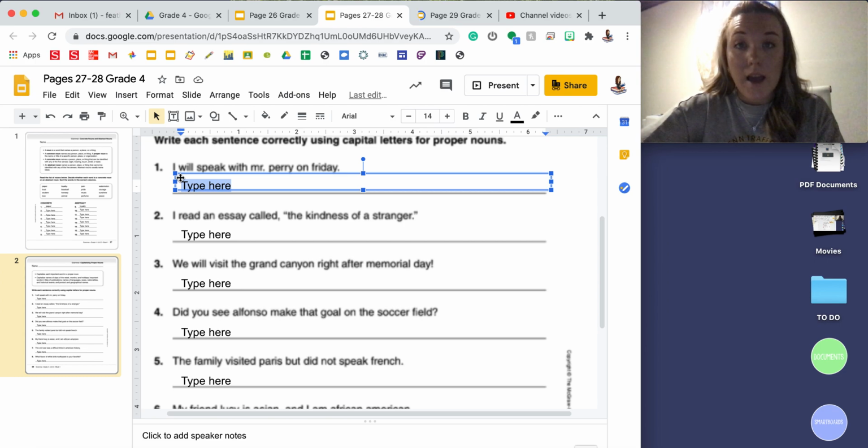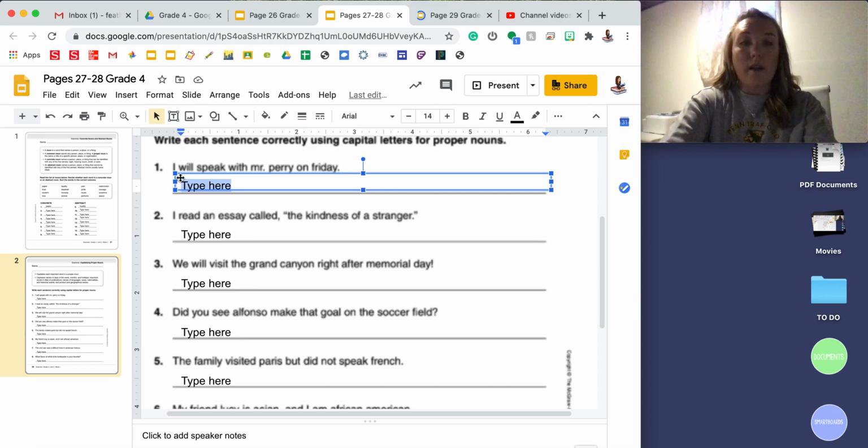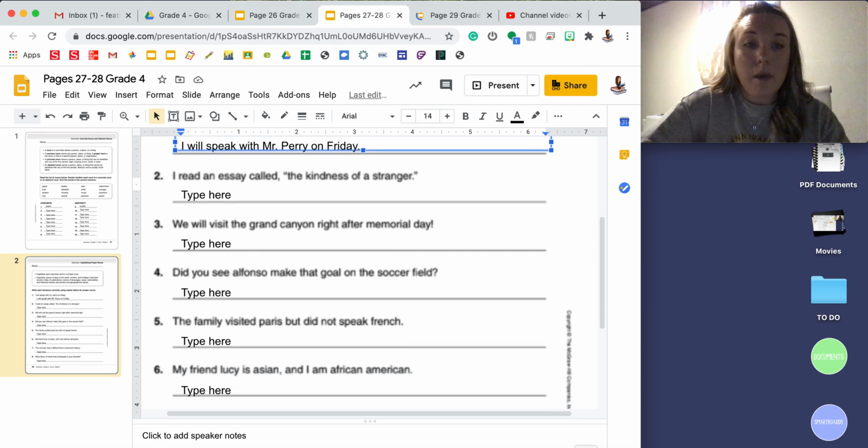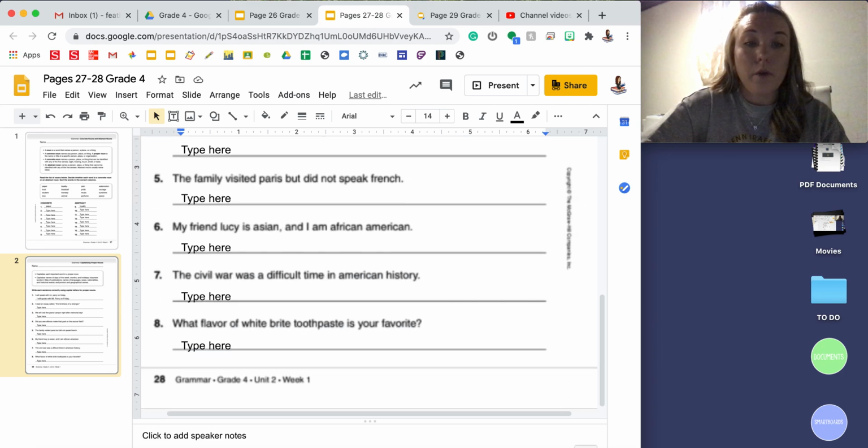And Friday is also a proper noun because it's a day of the week. So when I retype this sentence, I need to be sure to capitalize Mr., capitalize Perry, and capitalize Friday. You will finish this page for 2 through 8.